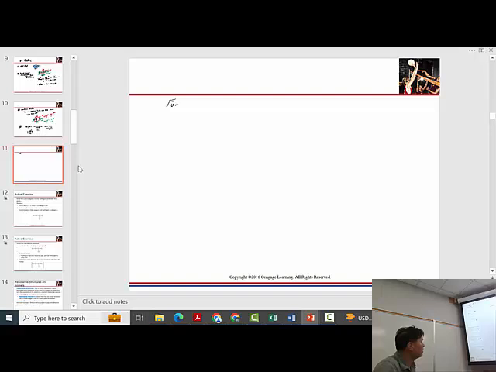For redox, oxidation states are the most useful, even though they aren't entirely accurate. And so if we look at ammonia here, what are the oxidation states?